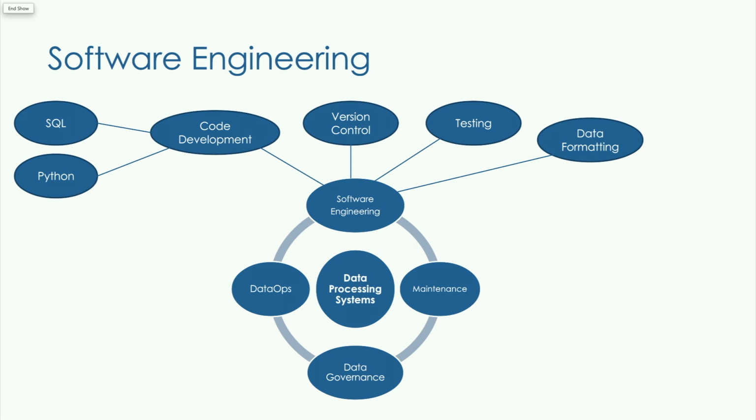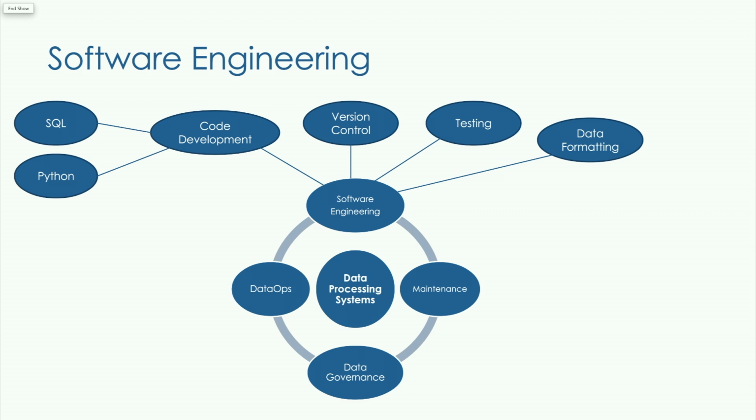So let us start with software engineering. Since we are talking about a data processing system, it's software, so we need to develop it and master code development. The main language today for modern data engineering is Python. And since we are working with data, we also need to master the language of data, which is SQL.